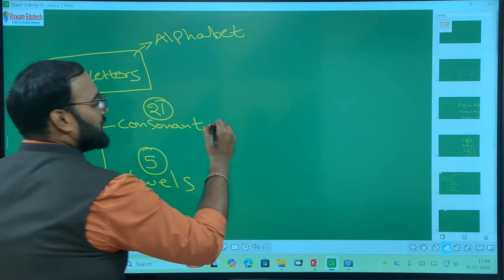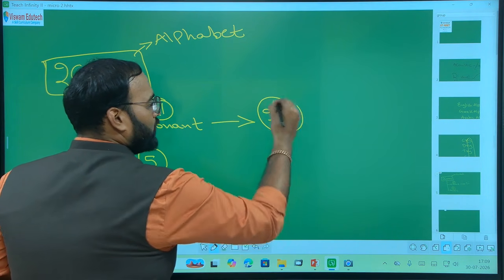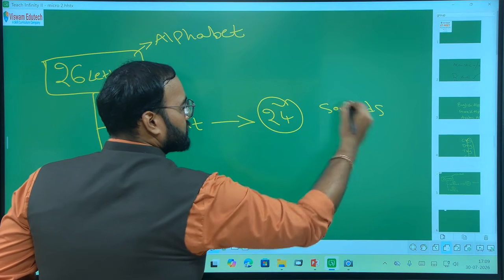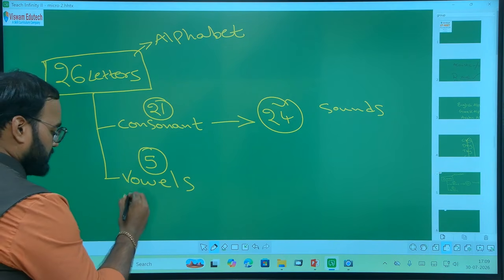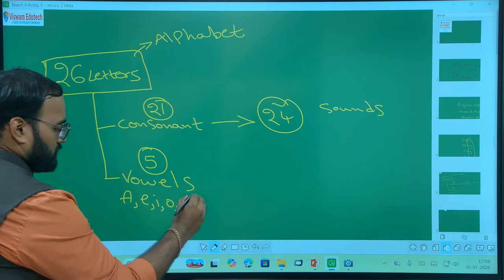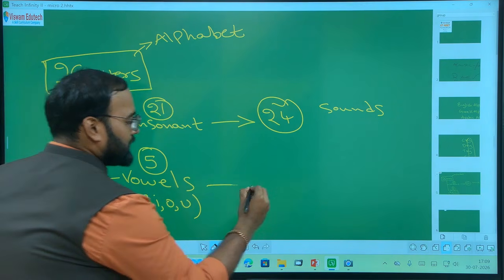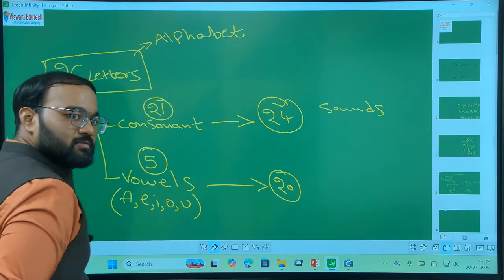These 21 consonants make 24 phonetic sounds. These 5 vowels, A, E, I, O, U, make 20 sounds.